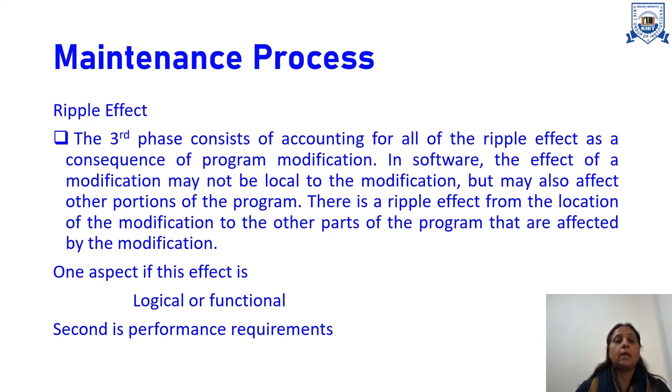It may be logical or functional, or it may affect performance. In that case, we have to see all the effects of the modifications on the other parts of the software.